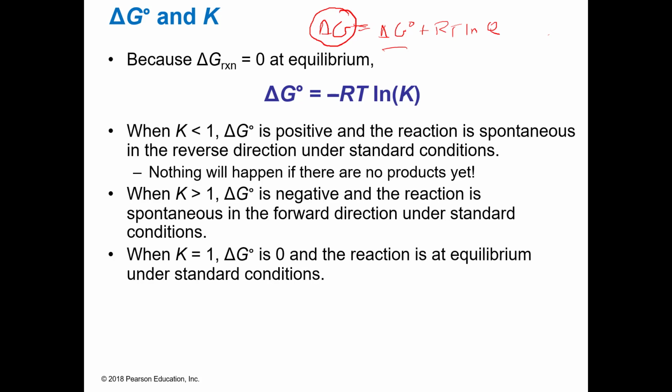If K is greater than 1, then standard Gibbs free energy is negative, which means spontaneous in the forward direction. And if K equals 1, then standard Gibbs free energy is equal to 0, and the reaction is at equilibrium.